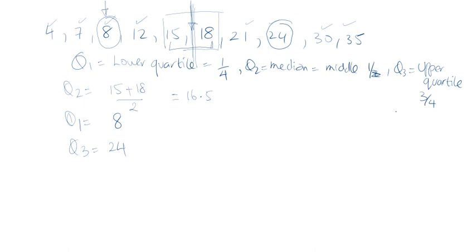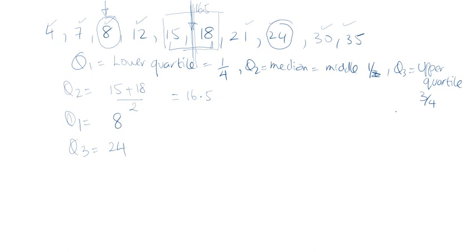Then once you have the middle, you focus on the left hand side. The left hand side of 16.5 has 5 numbers, and the middle of it is 8, so that becomes the lower quartile. On the right hand side of 16.5, you have another set of 5 numbers, and the middle is 24, so that becomes the upper quartile.